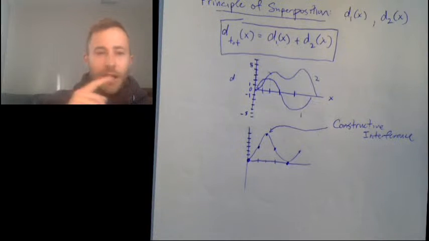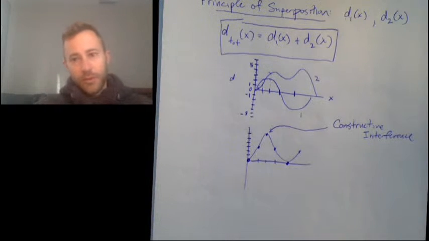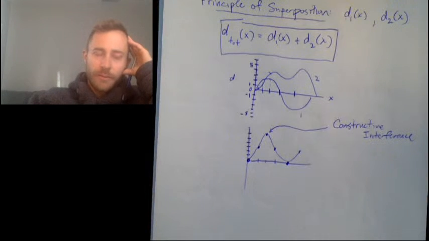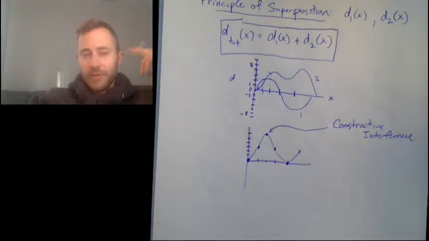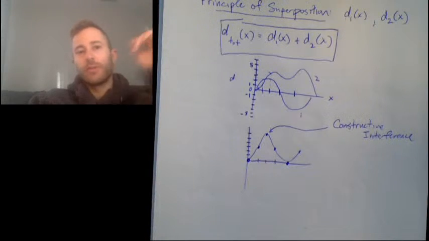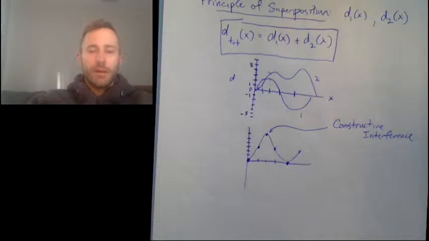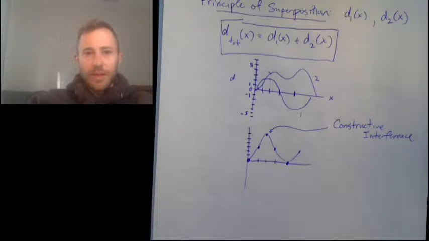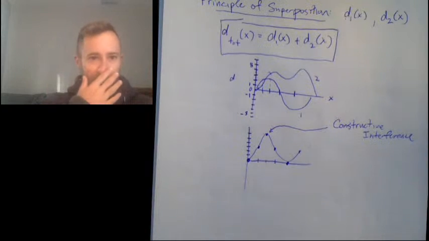So how is your ear going to perceive constructive interference? Well, if we make the displacement larger, it's a bigger wave. We know our ears perceive amplitude as volume. So constructive interference of sound waves is perceived as a louder sound. Constructive interference of light waves is perceived as a brighter light.